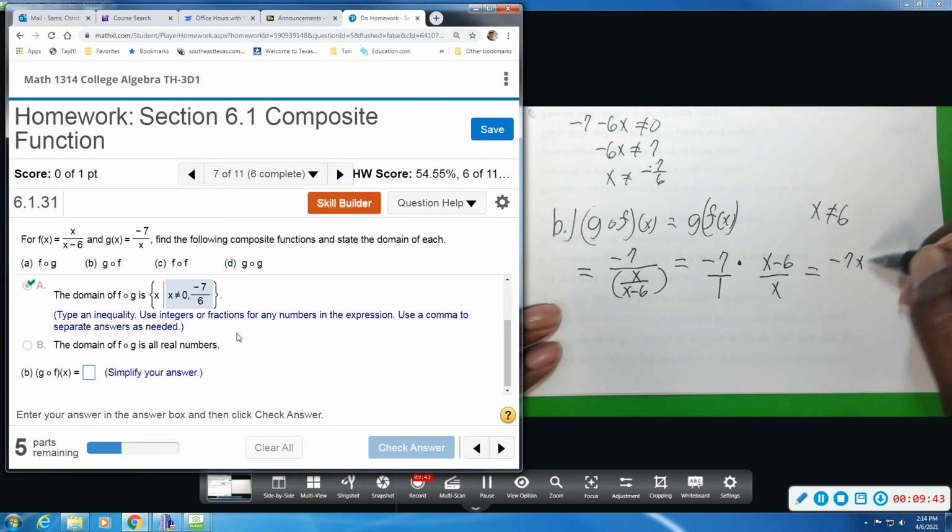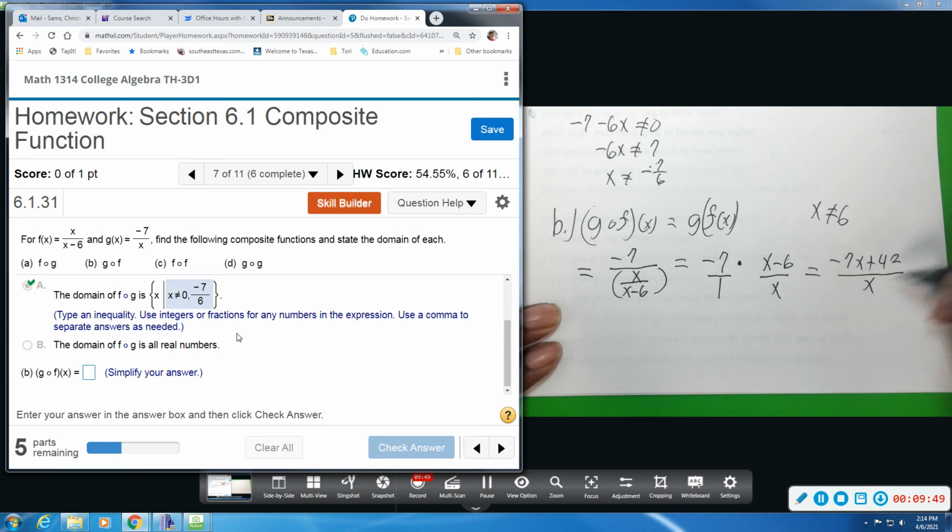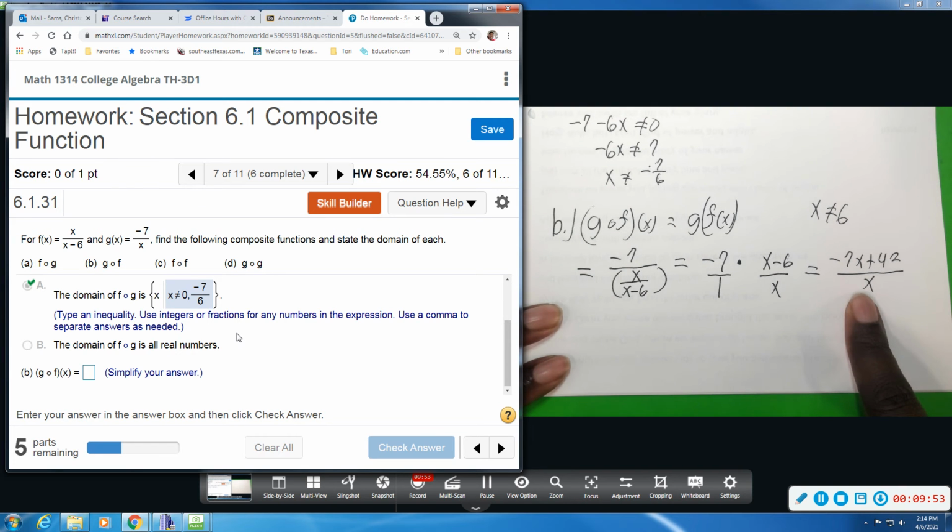Negative 7x plus 42 divided by x. Okay, in this expression, finding our domain here, x cannot be 0. That's the only thing that will make the denominator 0. And we also have to carry along our 6.